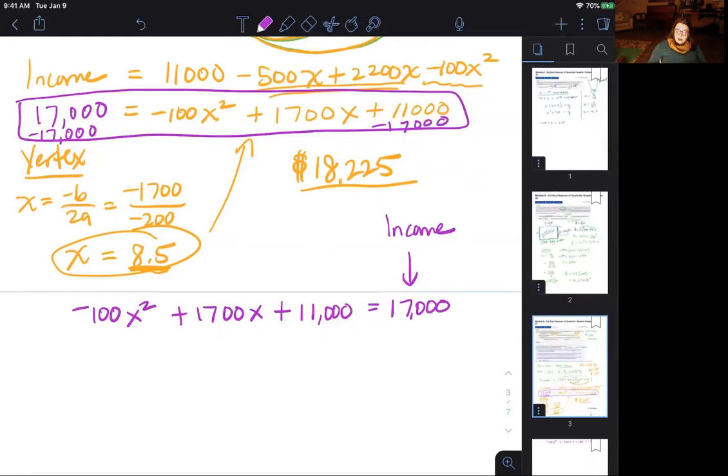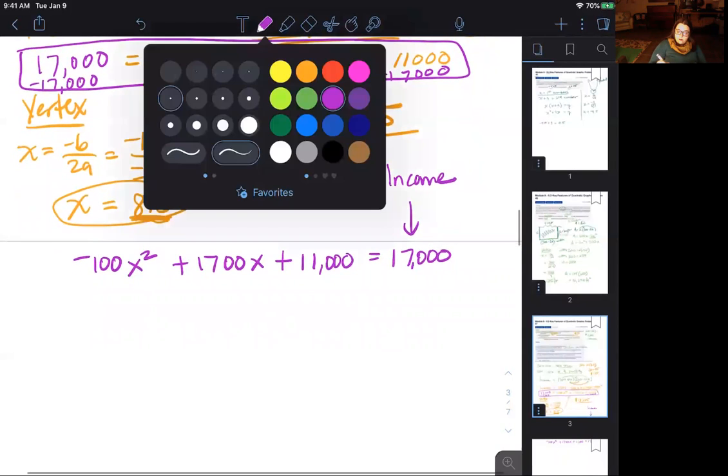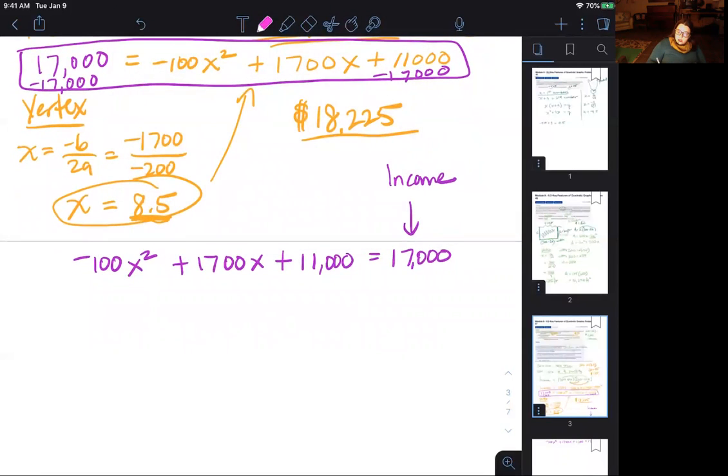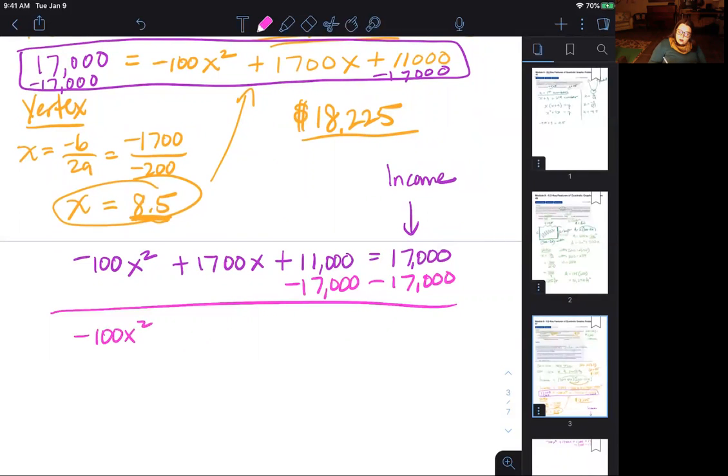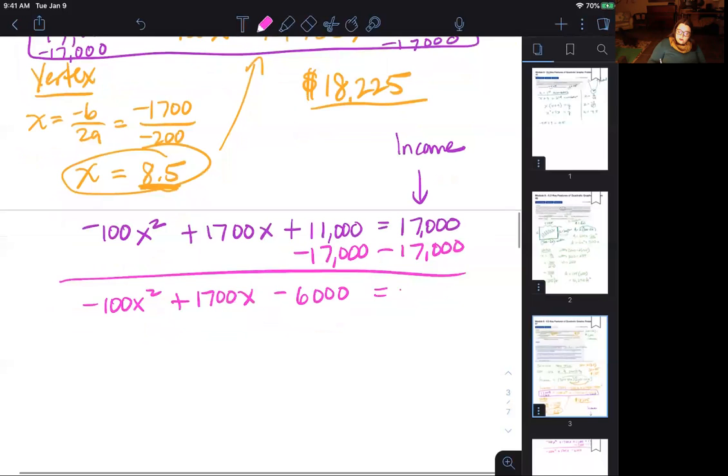And then to solve a quadratic, we're always going to want to start by setting that equal to 0. So I'm going to subtract the 17,000 from both sides, and I will get negative 100x squared plus 1700x, and then that's going to be negative 6,000, right? 11,000 minus 17,000, yeah, it should be 6,000, equals 0.